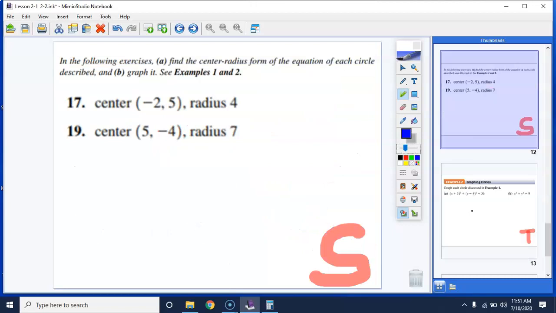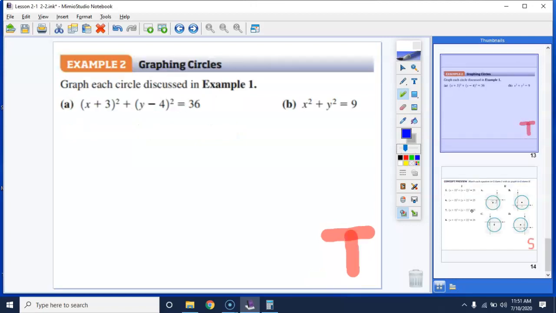Here I want you to do the same thing, just plug in the formula, and you will get the equation of it. This time we are given the equations, and I'm going to find the center and radius. I'm going to find my center, which was (h, k), and then the radius, which is r.